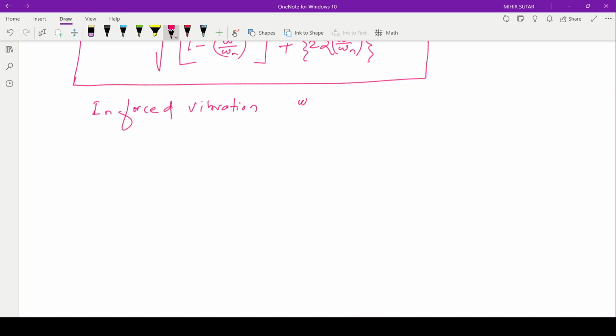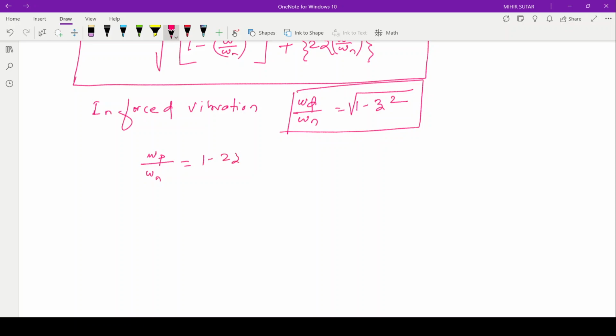And in forced vibration, this omega d by omega n is equal to square root of 1 minus zeta square. Also your omega p divided by omega n is square root of 1 minus 2 zeta square.